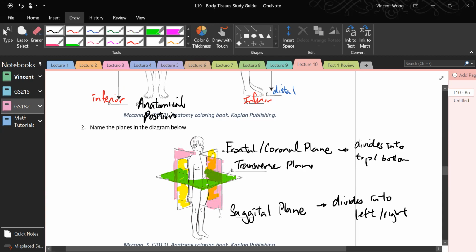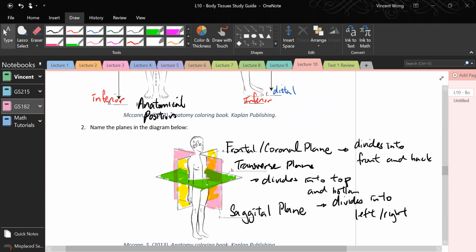Transverse plane divides into top and bottom. I actually made a mistake here with the frontal. Front and back should be for the frontal. Transverse is the one that cuts into top and bottom. All right.